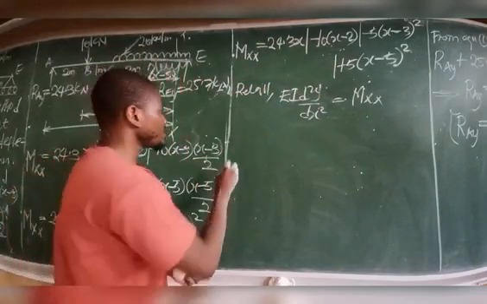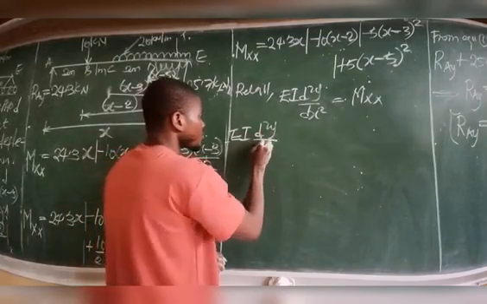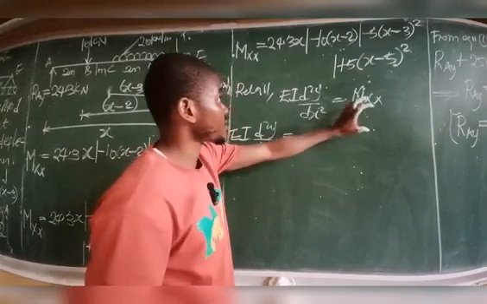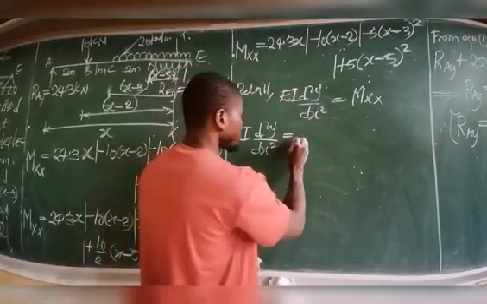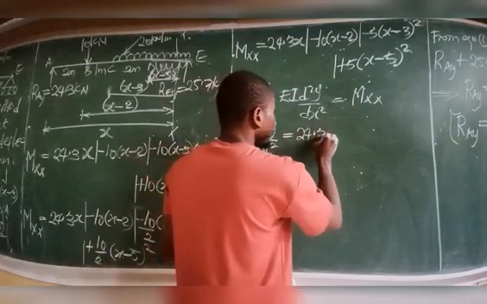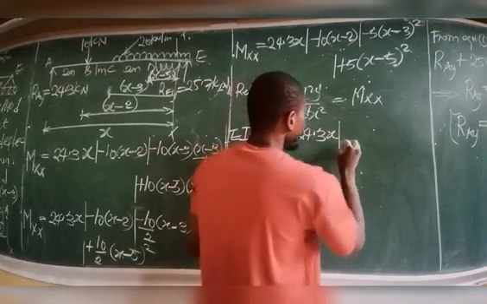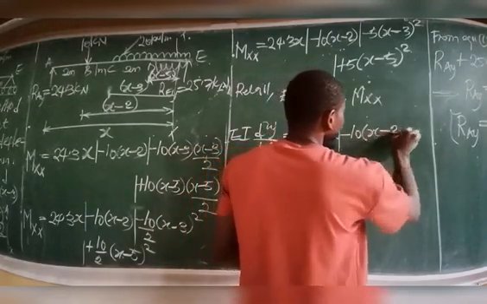And moment is given as simply this. So that implies EI d²y/dx² is equal to, in place of M_x, we simply put in the whole of this variable. So we have 24.3x, put down your Macaulay's bracket, minus 10 into x minus 2.